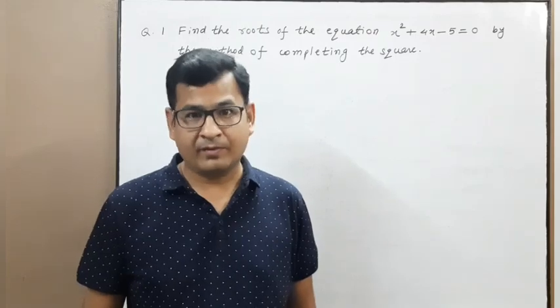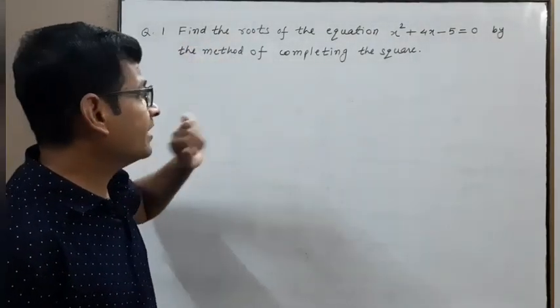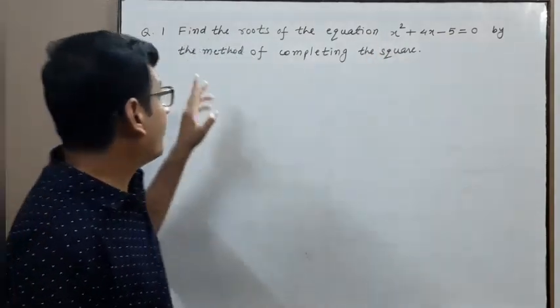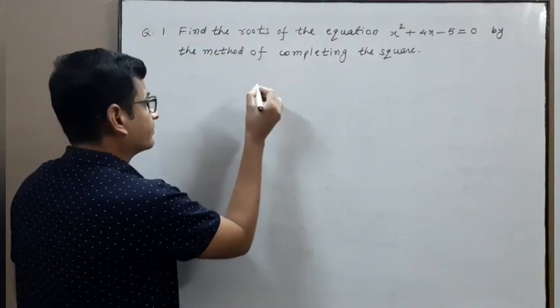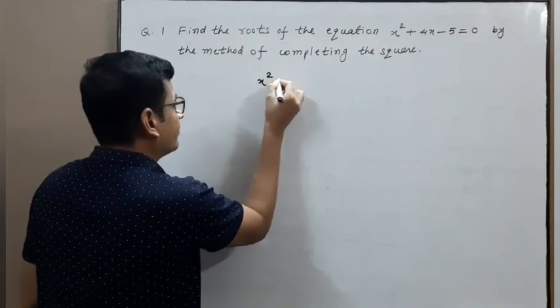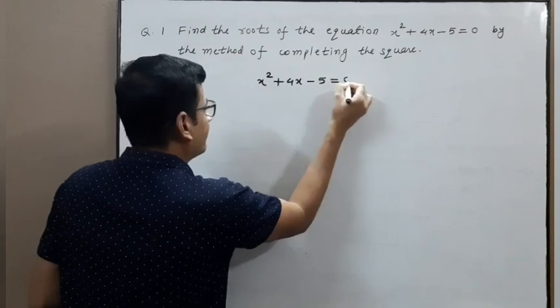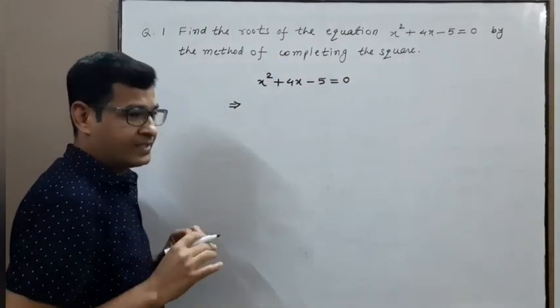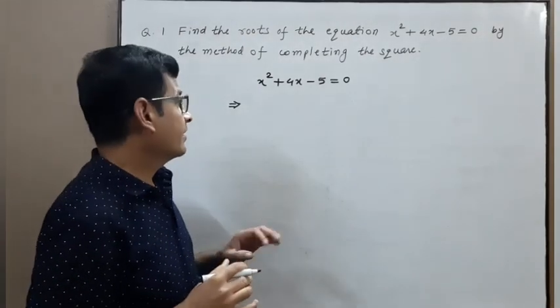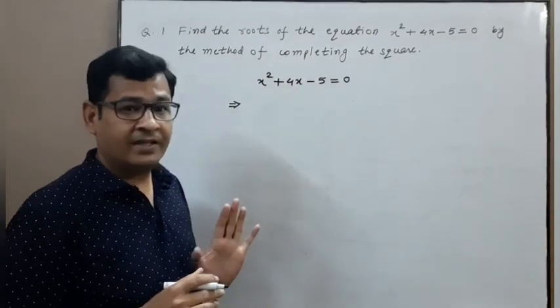Let's do some problems. Problem number 1. Find the roots of the equation by the method of completing the square. x square plus 4x minus 5 equals 0. First step, separate variable and constant.